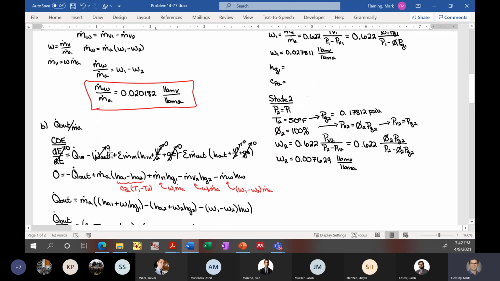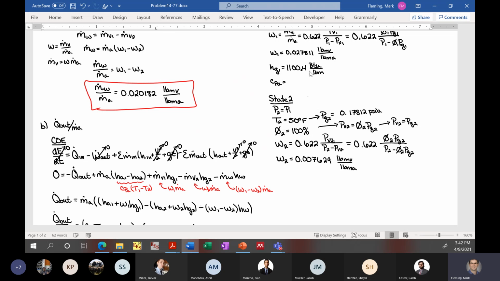I'm going to scroll back up to state 1. We left ourselves some room for h sub g1. If we go to the table lookups, this is going to be 1,100.4 BTU per pound mass.